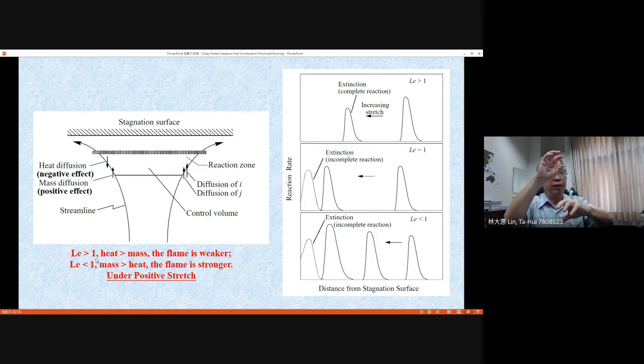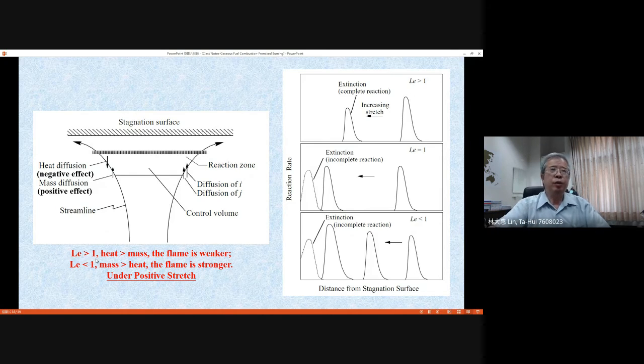But the positive effect is in the denominator, which means the heat diffusion effect is much stronger. The negative effect is stronger than the positive effect. Now the flame is weak. Now the flame is weaker compared with the Lewis number equal to 1 condition.